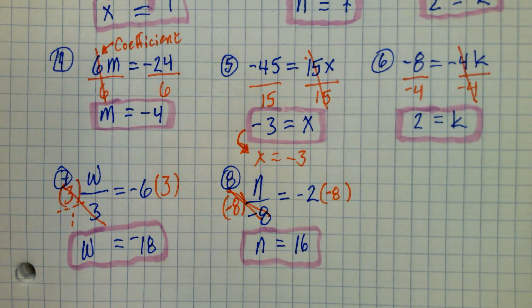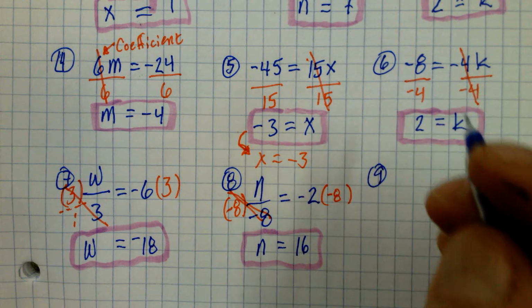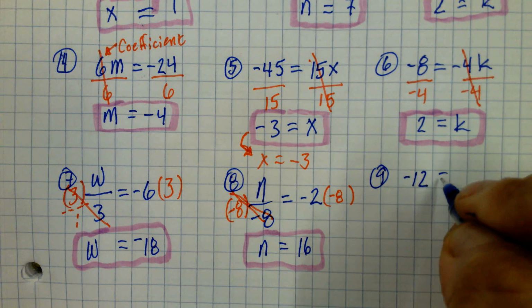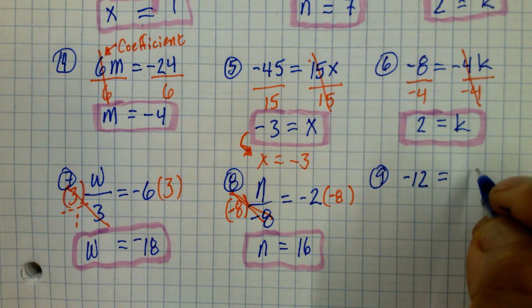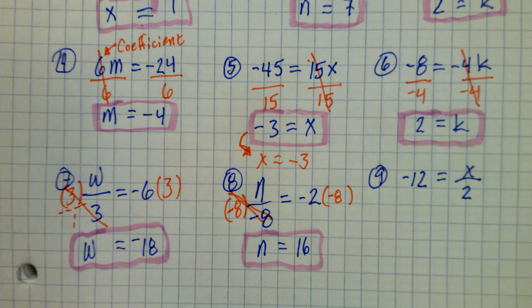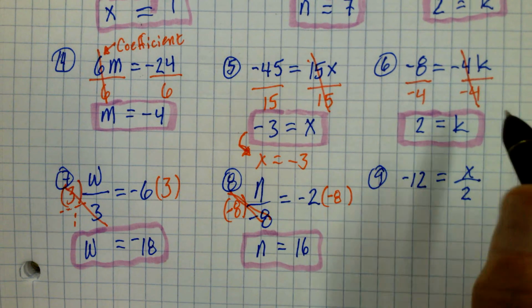So we'll do one more. Last one. Number 9. Negative 12 equals x divided by 2. So it's division. What am I dividing by? 2. So guess what I'm going to multiply by? Positive 2.